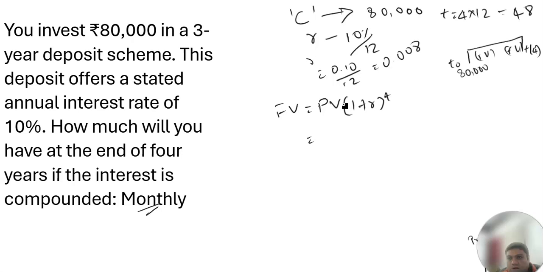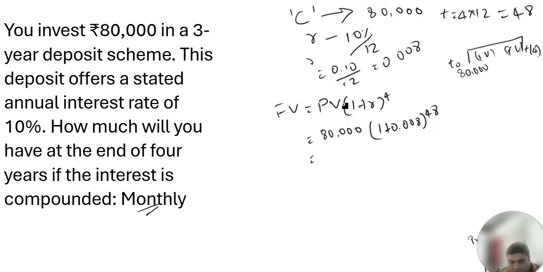It is 48 months. So present value is 80,000 and 1 plus r is 1 plus 0.008 to the power of 48.